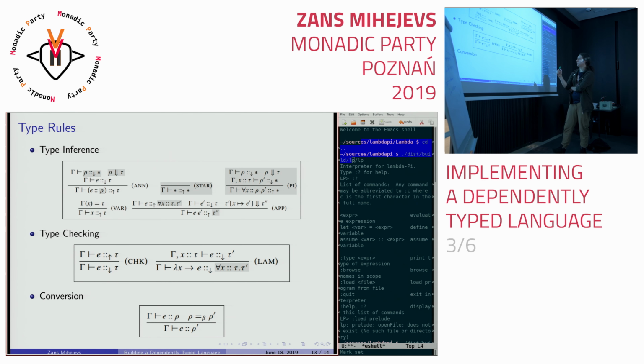We do it by extending the context and checking that the inner expression has the type tau. And likewise, the check rule is exactly the same as last time.